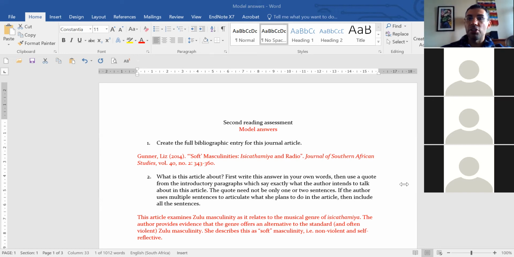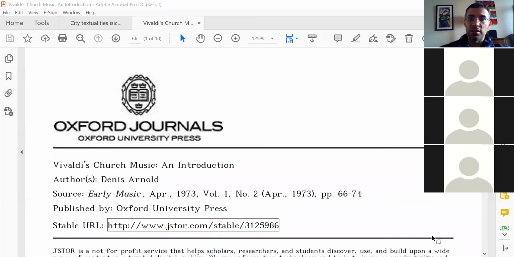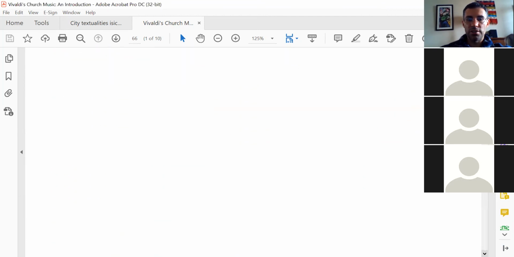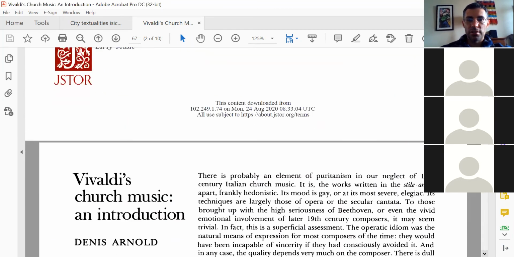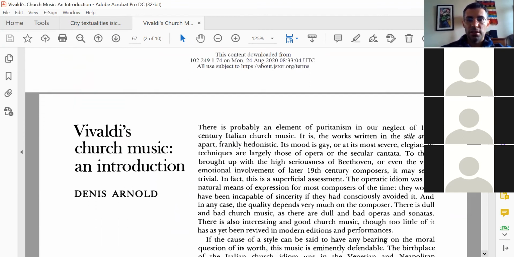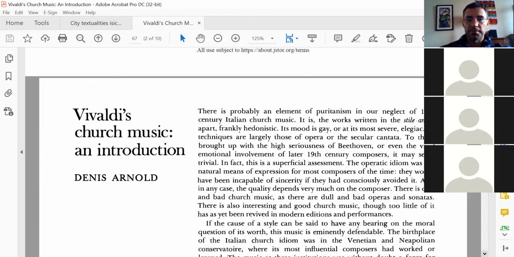All right, I'm going to share something with you now. This is the front page of a journal article about church music. And so here's the front page of the journal article.